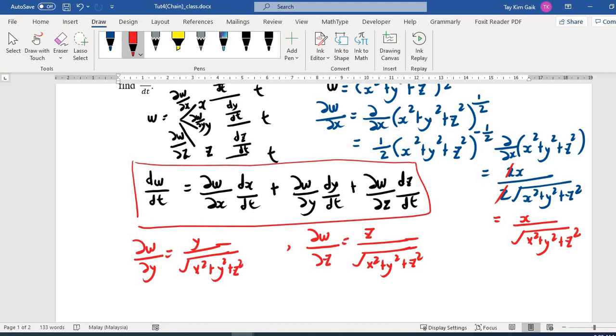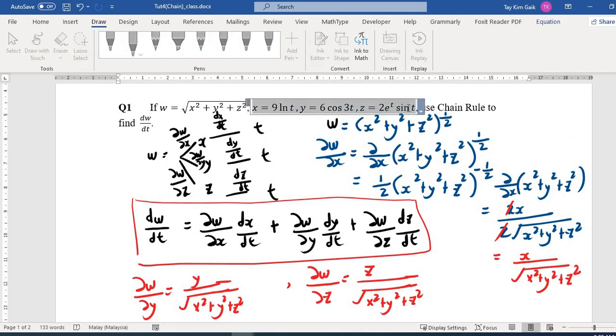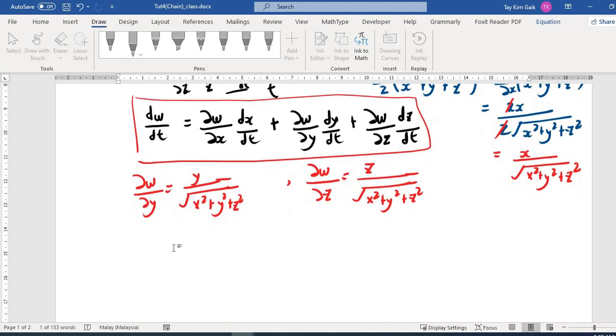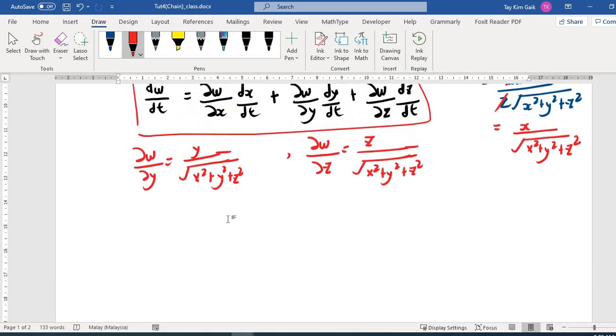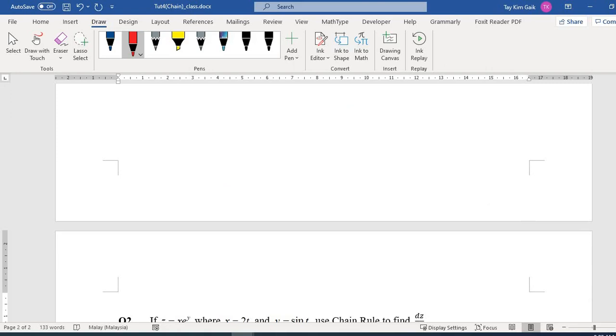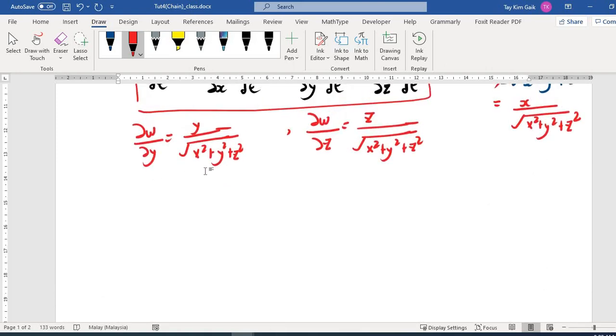And then you find dx dt, dy dt, dz dt. X is 9 ln t.